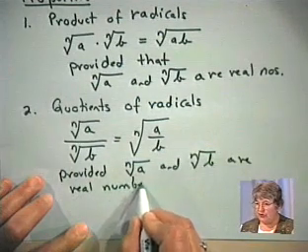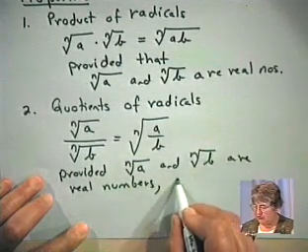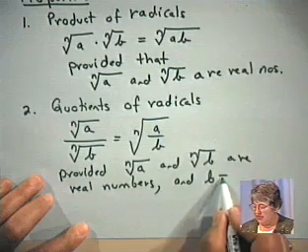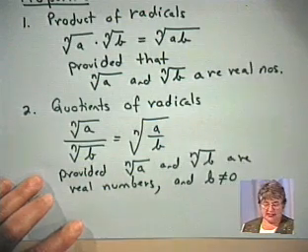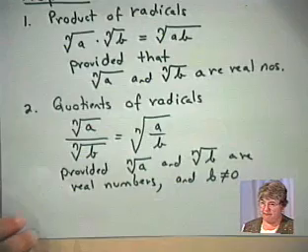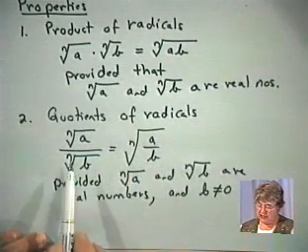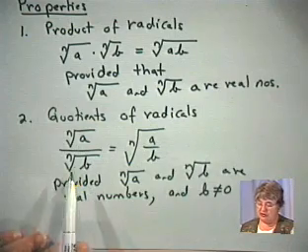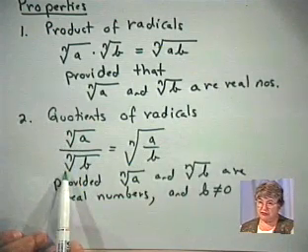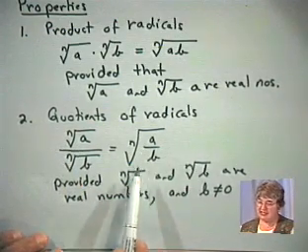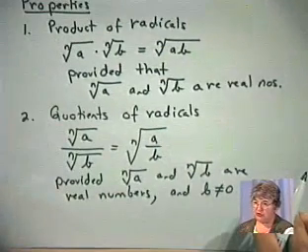And of course, we don't want the denominator to be 0, and so we will say b cannot be equal to 0 because it's in the denominator. Okay? So we can separate the radical of a quotient as the quotient of the radicals, or the radical of the quotient.